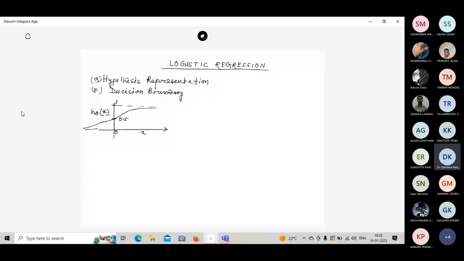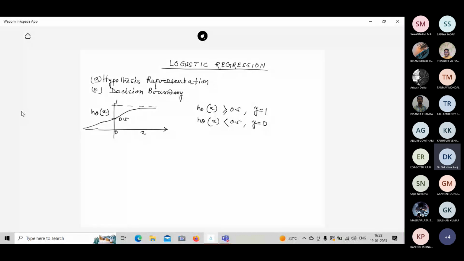Okay. Now, when we get hypothesis value greater than or equal to 0.5, then we label y equals 1. And when hypothesis value is less than 0.5, then we label y equals 0. Okay. So this is all about hypothesis representation.